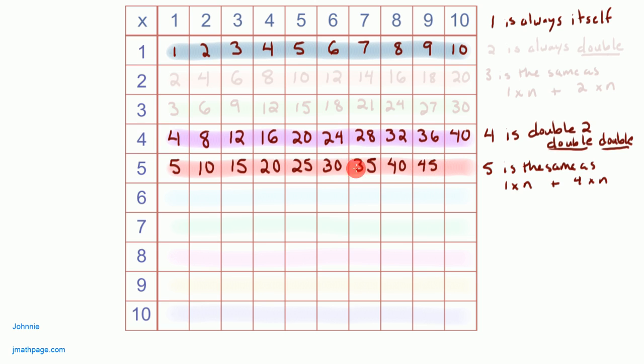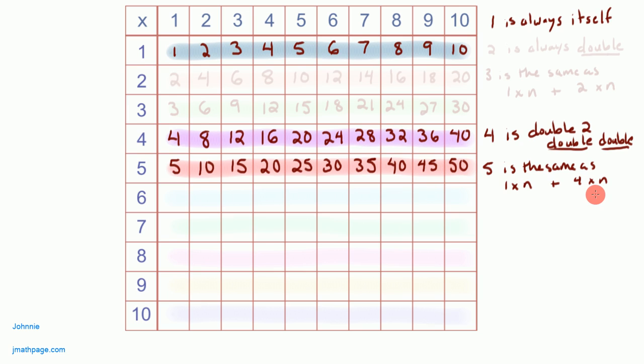And the last one again is easy. 5 times 10 is the same as 1 times 10 plus 4 times 10. 10 plus 40 gives us 50. Nice. So now we've done our 1s, our 2s, our 3s, our 4s, and our 5s. Let's look at our 6s.